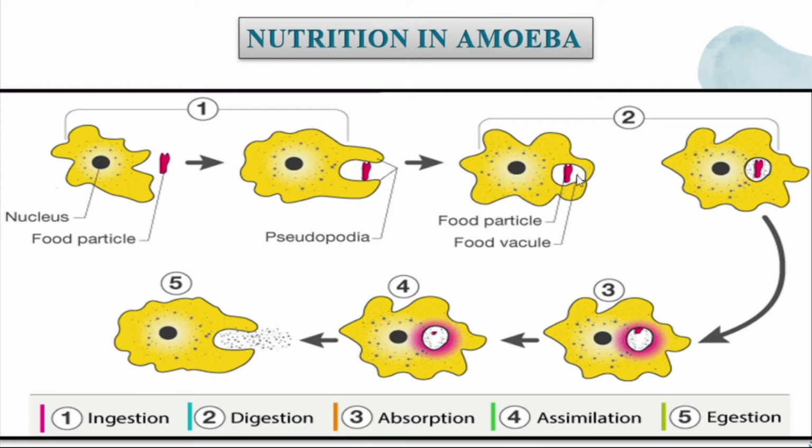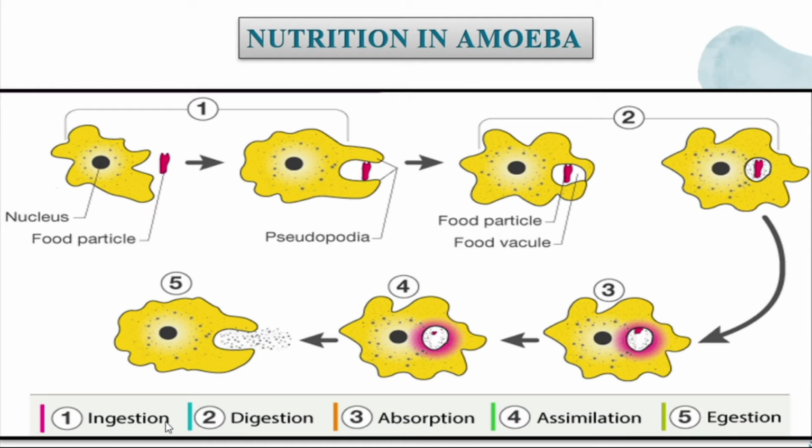Once the food is captured and goes inside, it is called a food vacuole. Then the cytoplasm produces enzymes and the food molecules break down. The energy is taken into the cytoplasm and waste material is thrown out of the body. This is nutrition in amoeba.